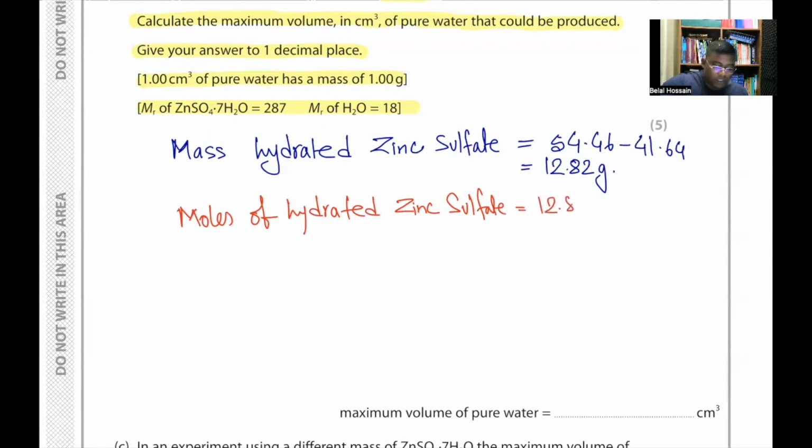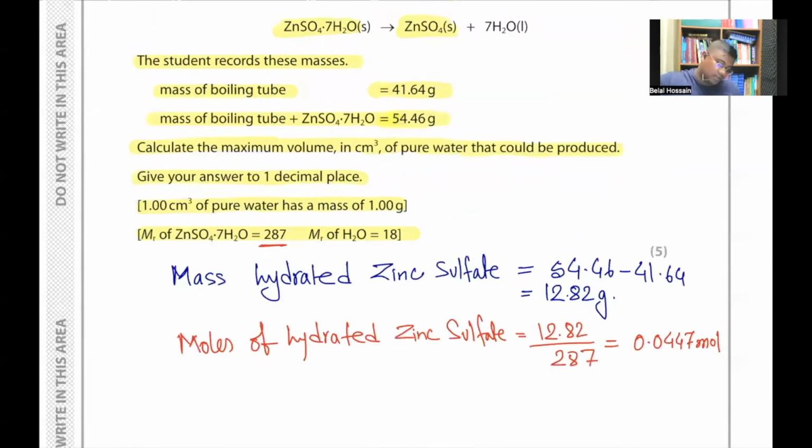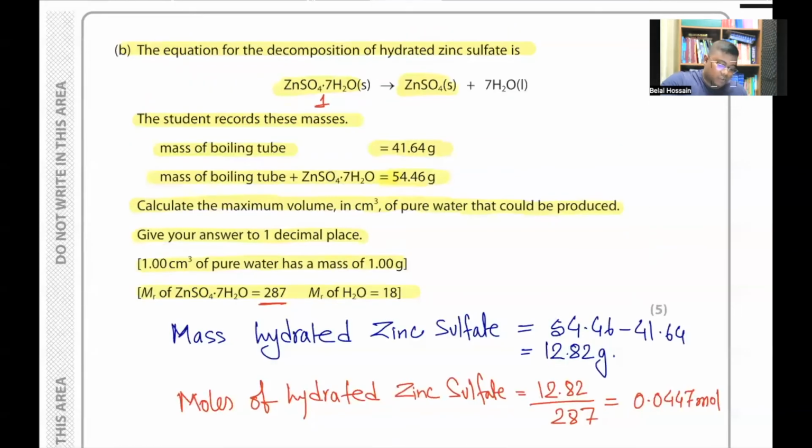So 12.82 divided by 287, we get the number from here, which equals 0.0447 moles. Now, if you notice, 1 mole of ZnSO4.7H2O produces 7 moles of water.